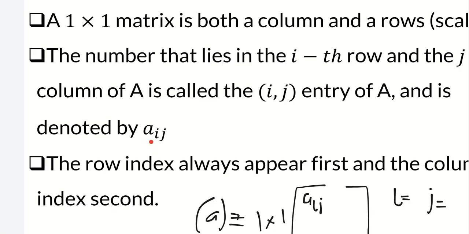The i is referred to as the row indexing, and the j is referred to as the column indexing. So if I say a 1, 2, I mean go to row 1, column 2. If I say a 4, 1, it means go to row 4, column 1. That is the meaning.